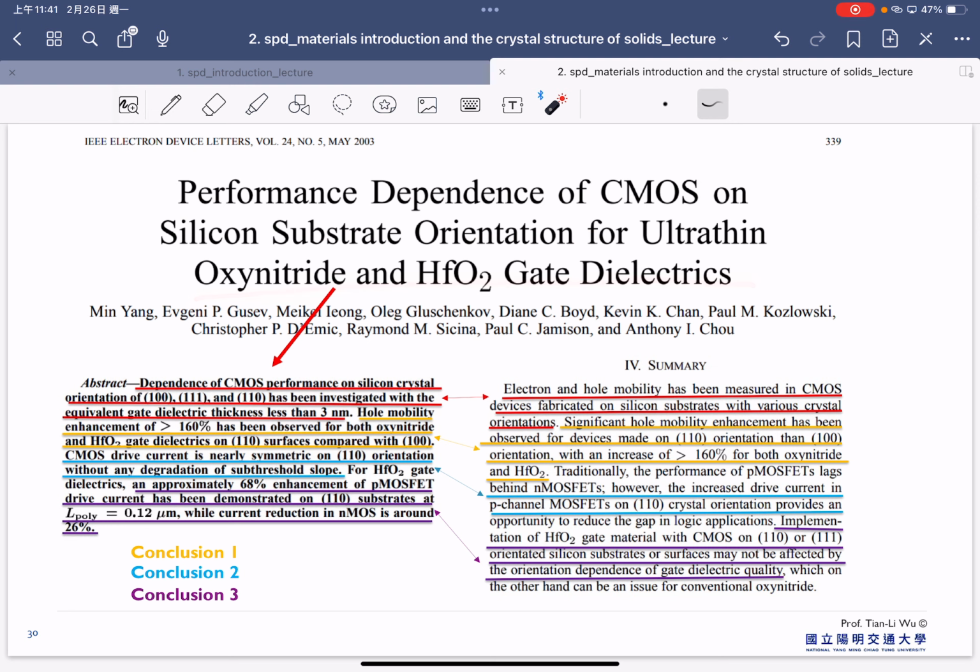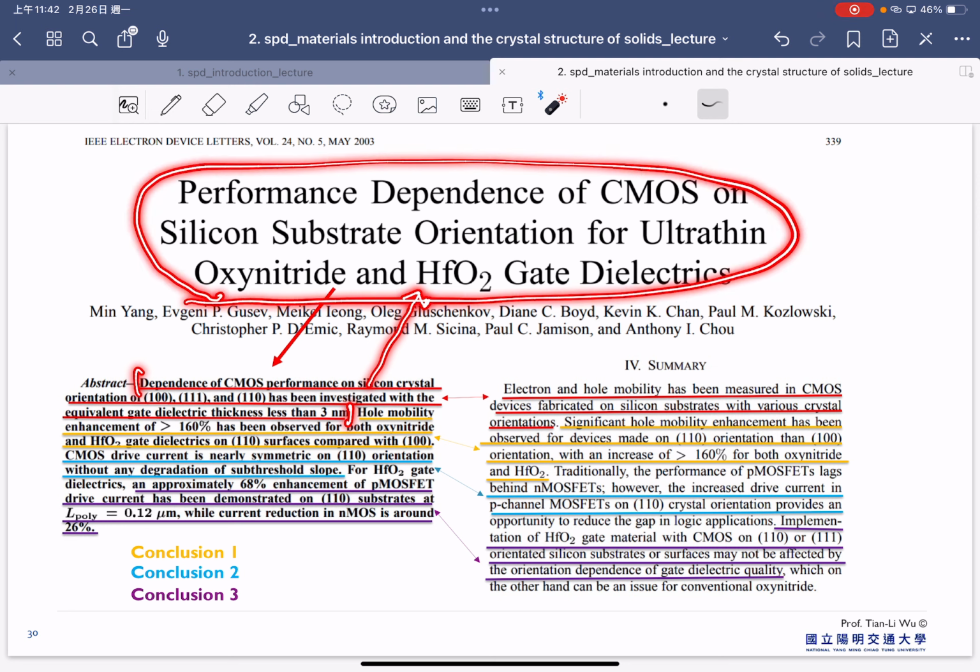And you can find that the first sentence in the abstract, dependency of CMOS performance on silicon crystal orientation has been investigated with equivalent gate dielectric thickness less than 3 nanometers, is exactly a rephrase of your title. So if you can write the title, it should also be easy to write the first sentence of the abstract, because it purely reflects the same meaning.